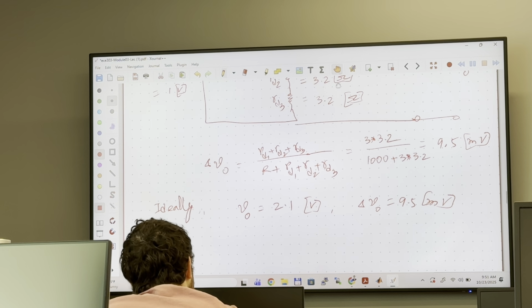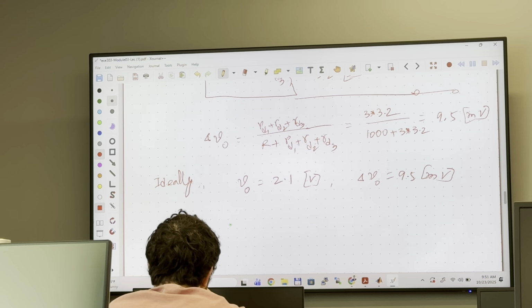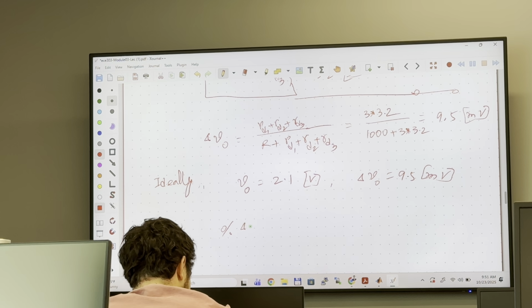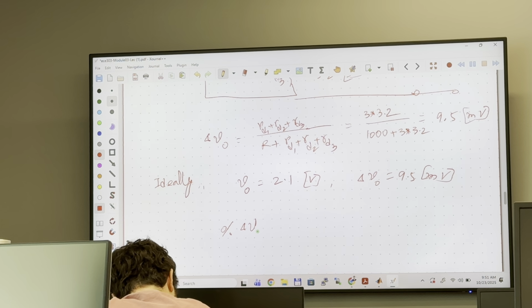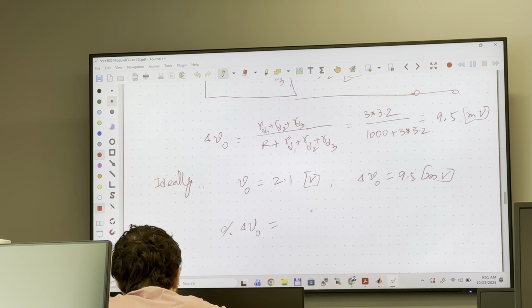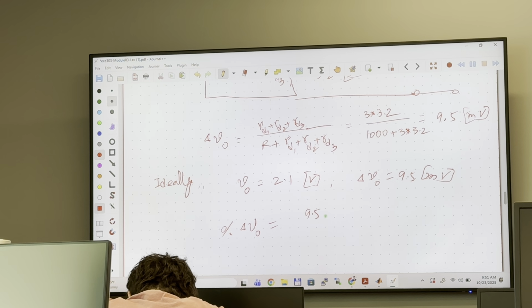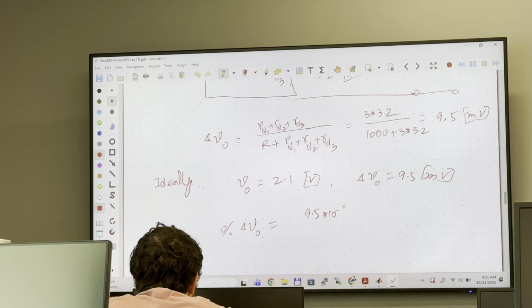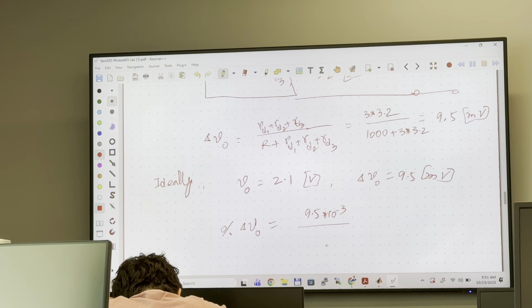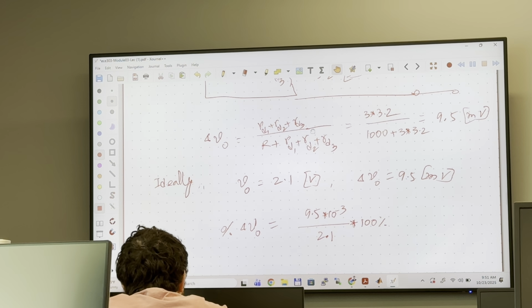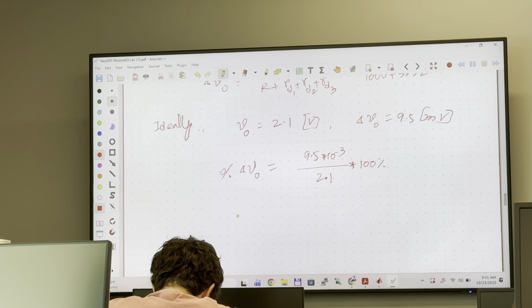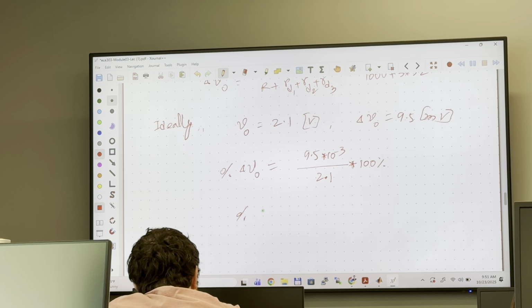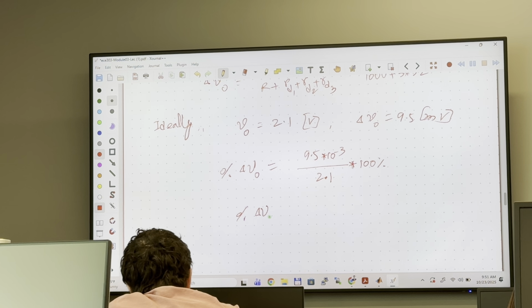The percentage change is going to be delta VO, 9.5 times 10 to the negative 3, over the ideal voltage 2.1, times 100%. How much is it, guys? So percentage delta VO.